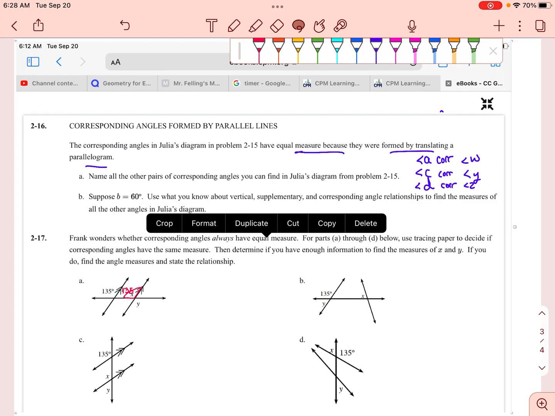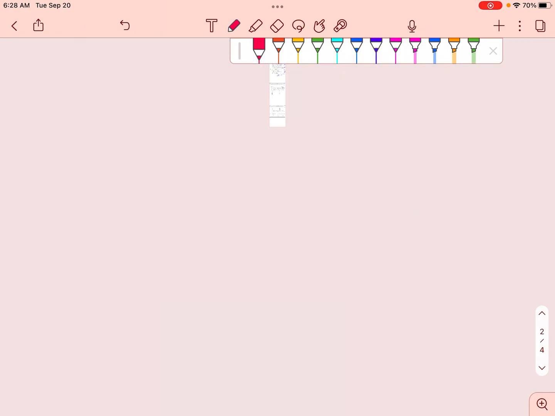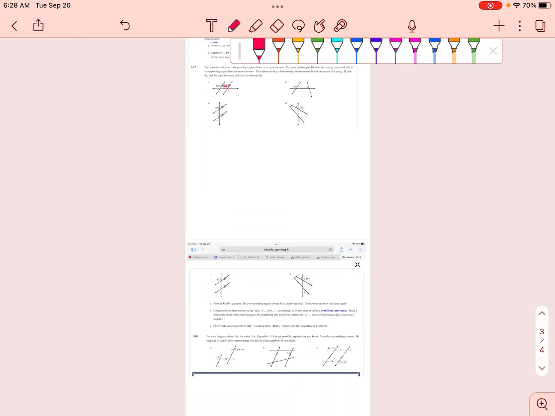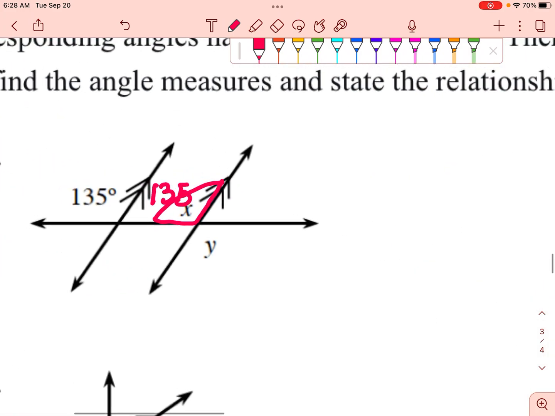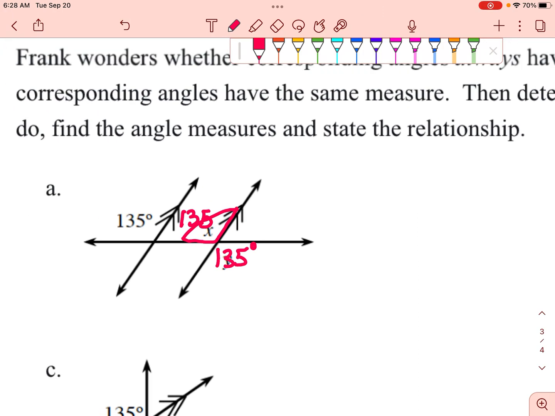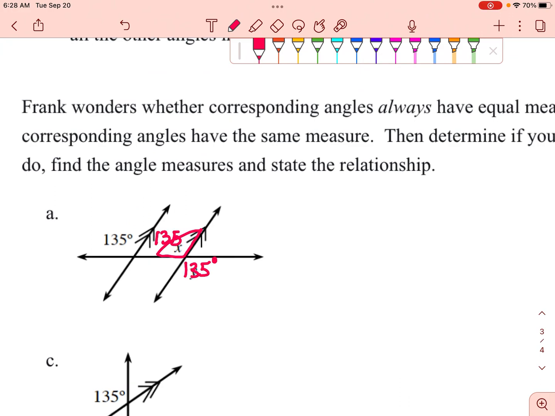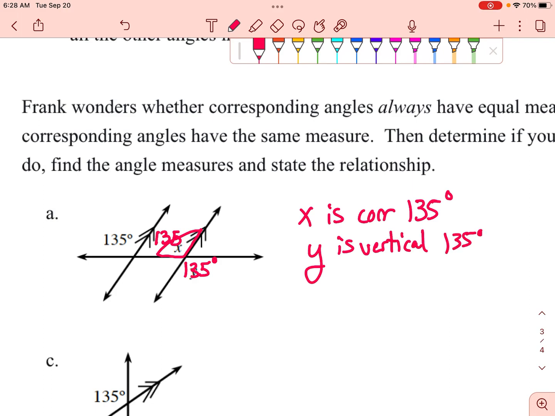Because I know that X is 135 degrees and it is vertical with Y, I know Y would also have to be 135 degrees. So X is corresponding with 135 degrees, and then Y is vertical, so it is also 135 degrees.